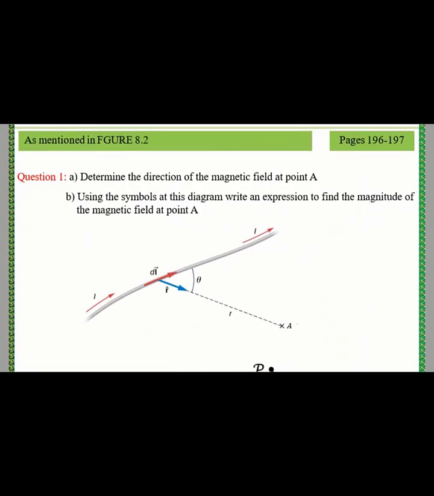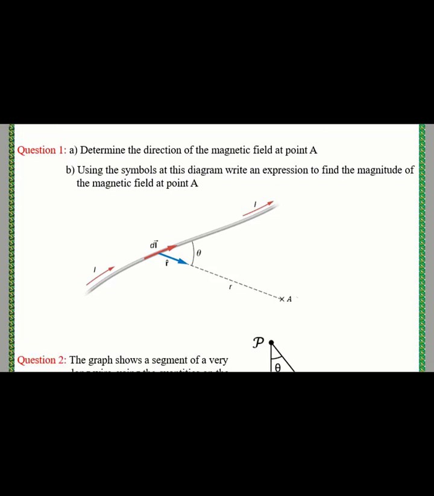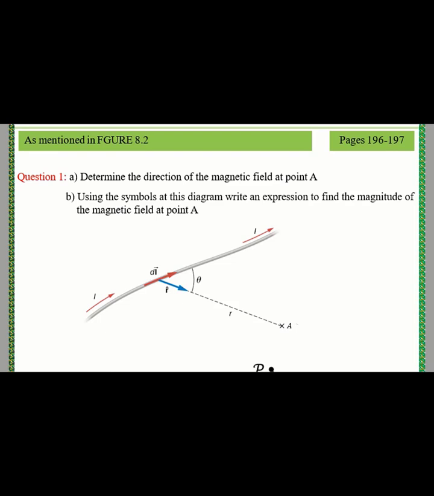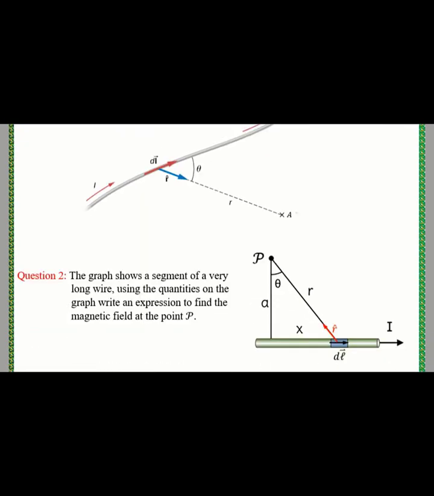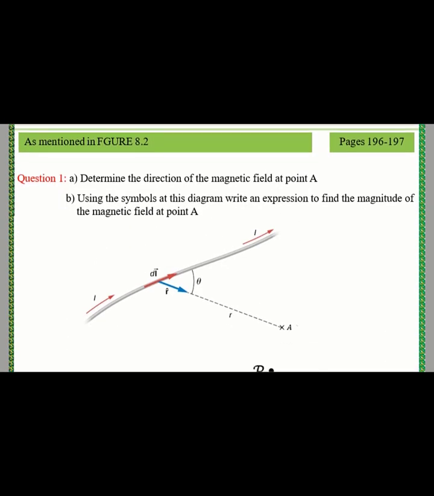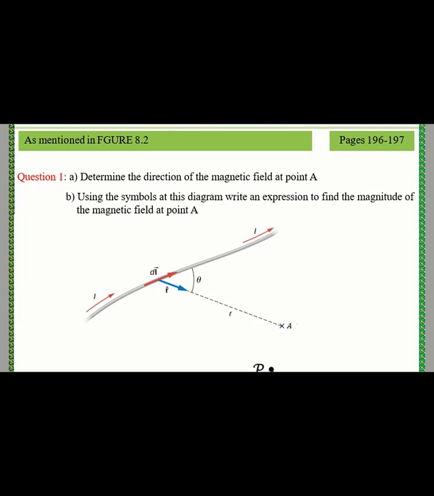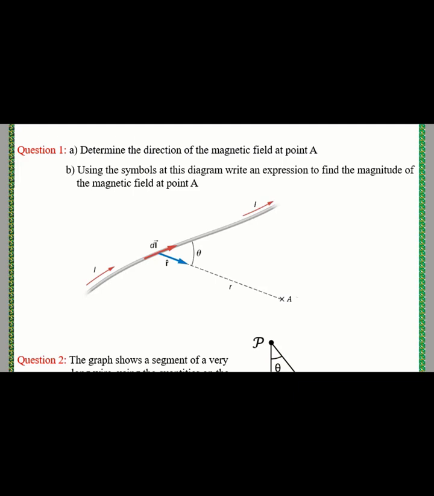Question number 14. Now we want to apply the right-hand rule as mentioned in Biot-Savart law. Determine the direction of the magnetic field at point A, here. For Biot-Savart, we need a new idea for the right-hand rule. You put the thumb in the direction of the current.